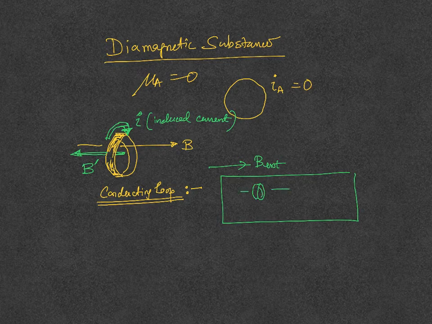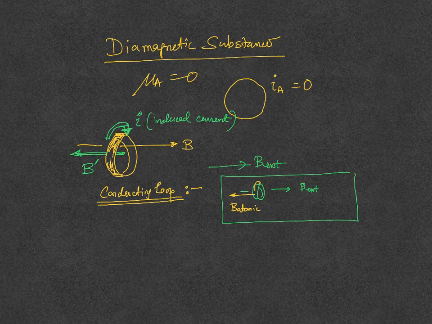Suddenly, if you bring in this B external, the current carrying loop will oppose, and the current here will flow in such a direction that it will produce this atomic magnetic field in the opposite direction. It was like the atom was like a coil with no current, but after exposing it to the external magnetic field, a current flows in the coil.